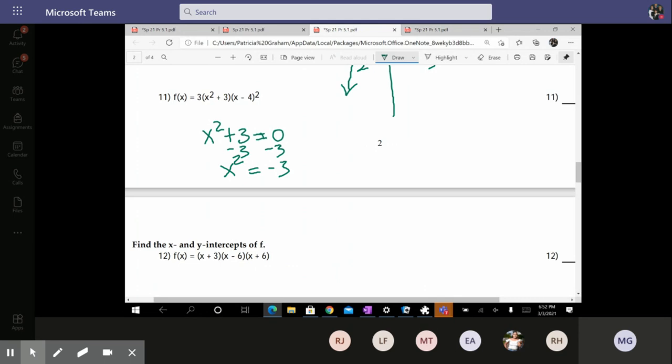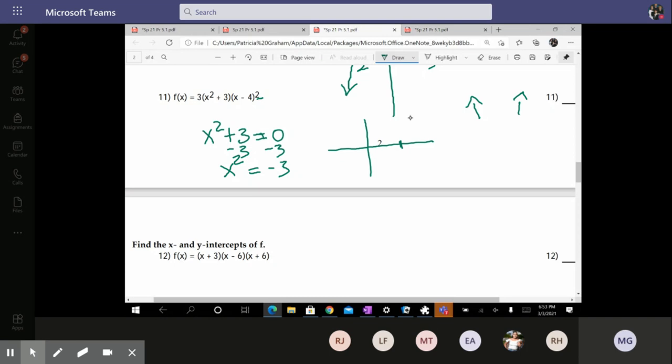All right? I do have a 4 with a multiplicity of 2 with the end behavior of them going up.